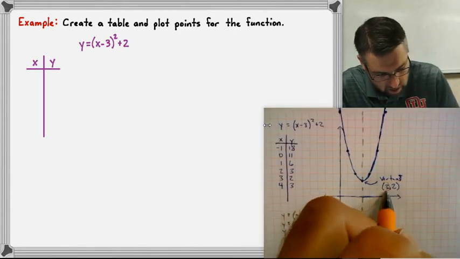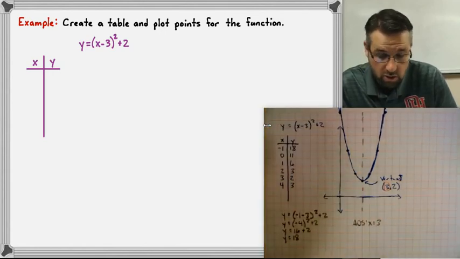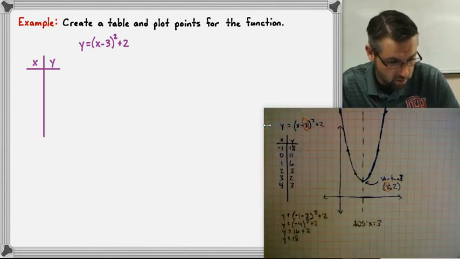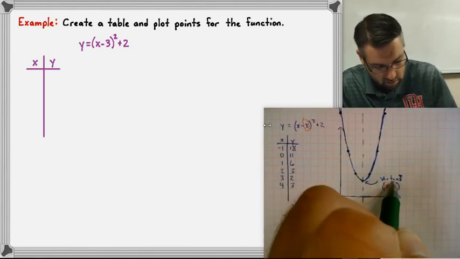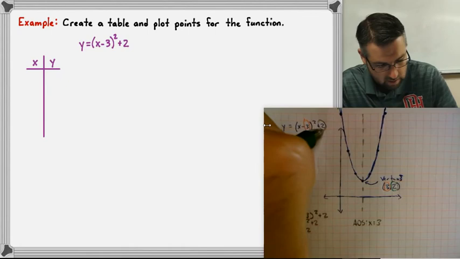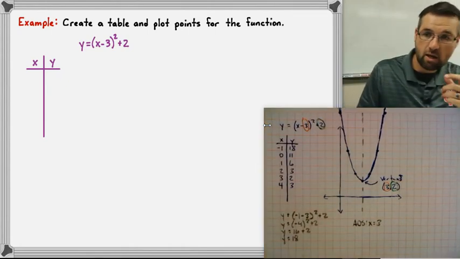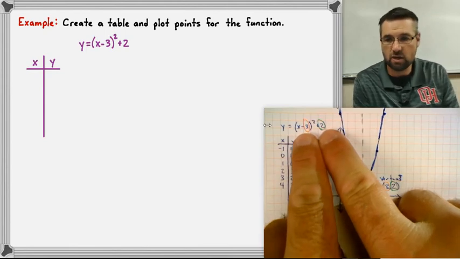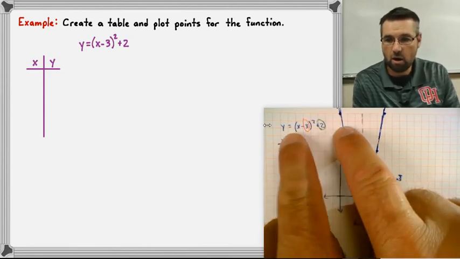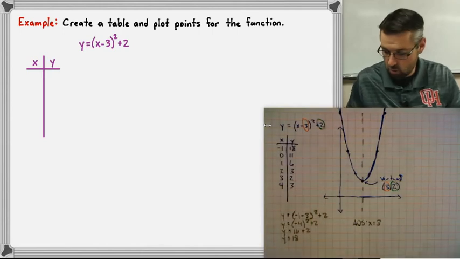We see the 3 in our original equation. We see it here. And then where do we see the 2? We see the 2, the y value, at the end there. And so we can see that our vertex shifts according to these two values that we have in our function or in our equation here.